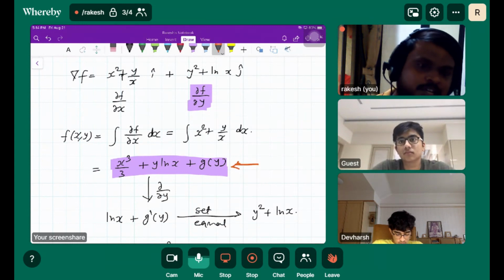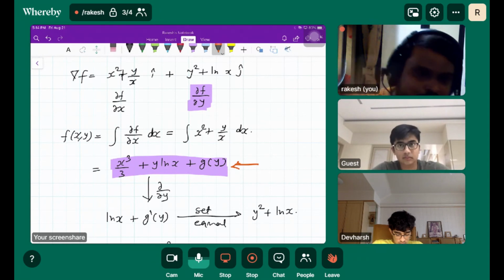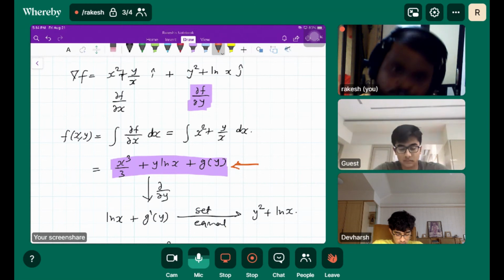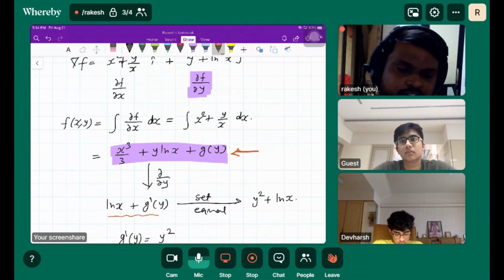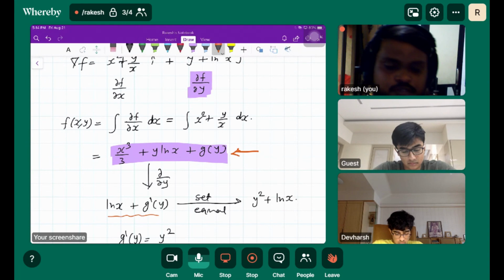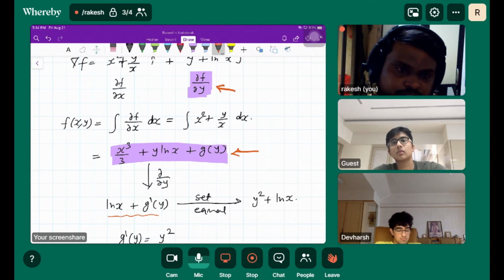We find the partial derivative of this function with respect to y, and we can equate them after finding the partial derivative. That should be equal if it is conservative. So here we find the partial derivative of this, and this should be equal to the given partial derivative, right?